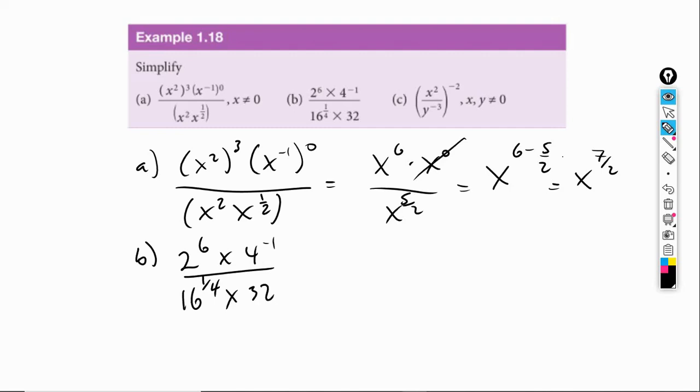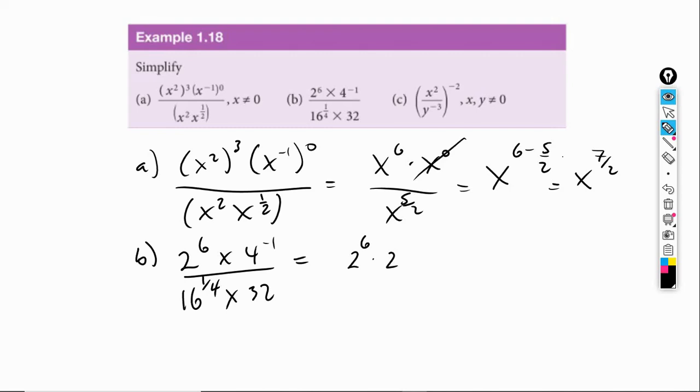Okay, again, there's several ways of doing this. You can pick your own way if you know alternative ways, but I'll do it this way. The first thing I'm going to do is change everything to the same base. Now, all of these numbers have obviously a base 2, like 4, 16, and 32. So we can rewrite this as 2 to the power of 6 times 2 squared, which is 4, to the negative 1.